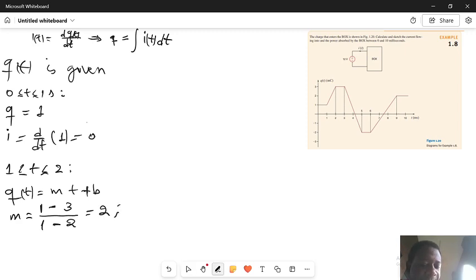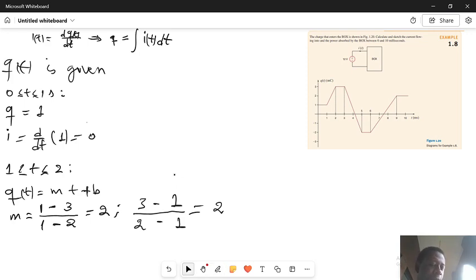It's the same if I take the last point, 3, minus the first point, 1, but I have to respect the order: when I start with the point with q equal 3, I take its corresponding time, which is 2, minus the time of q equal 1, which was 1. So I also get 2, the same value. I have already calculated the value of m.